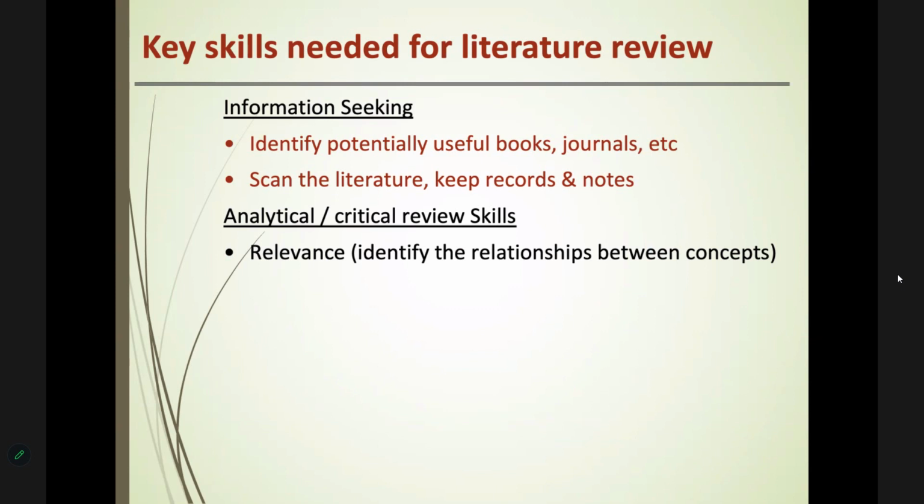That is a skill, because sometimes until you finish reading the full paper, you don't realize whether it is relevant or not. But some papers you can quickly establish. So it is part of the skill development process, the critical review skill, right?